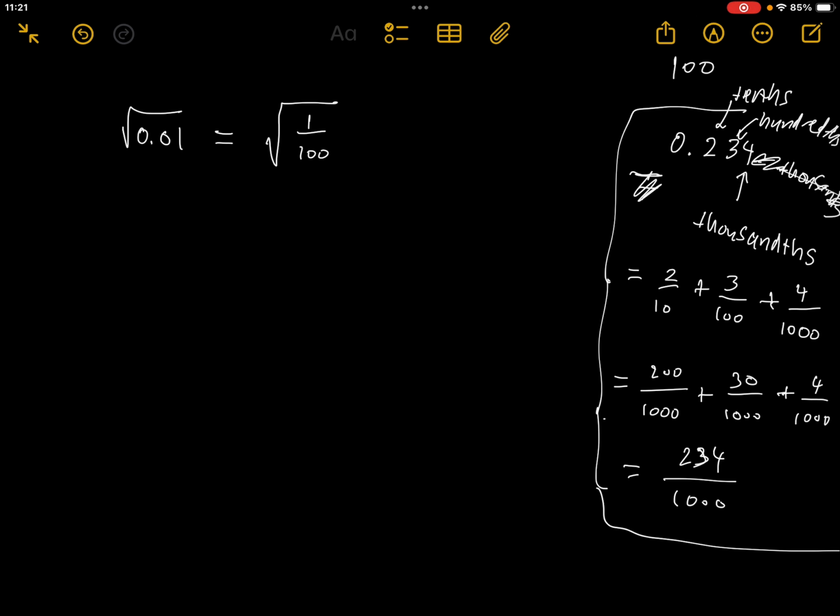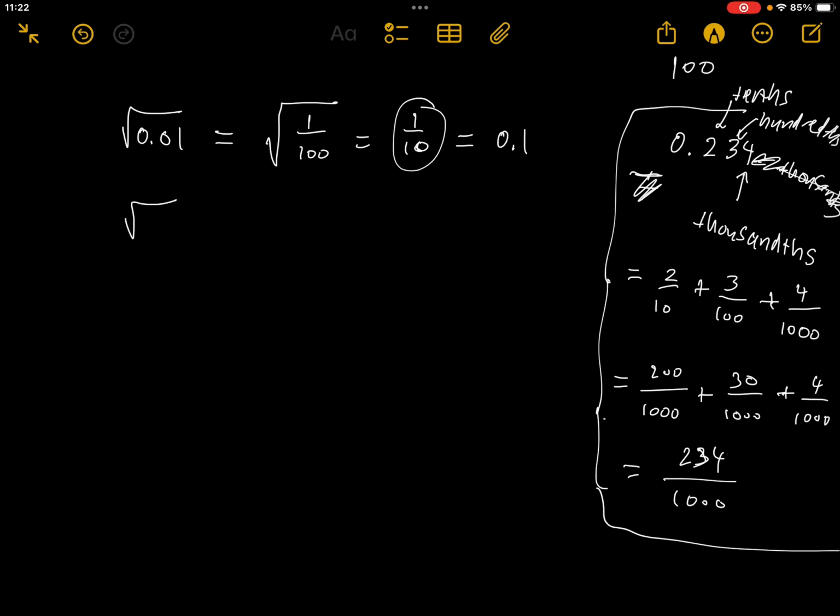So anyway, going back to the original problem, now we have the square root of 1/100th, and what is that equal to? 1/10. Yeah, that's a perfectly good answer. Or if you're asked to convert it back to a decimal, it would be 0.1, because that's what 0.1 means. It means 1/10.